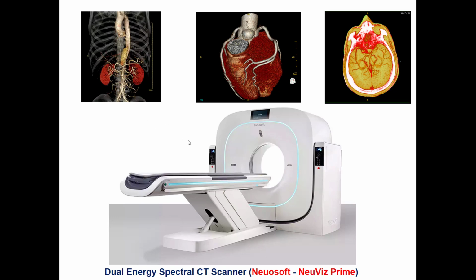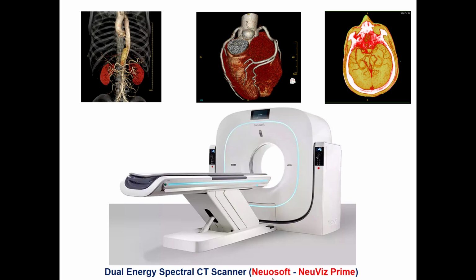What is a Spectral CT? A Spectral CT is a CT scanner which has detection for multiple energy levels, by comparison to the conventional CT scanner, which has single energy level detection. We will have two types of spectral CT to make a comparison between them.